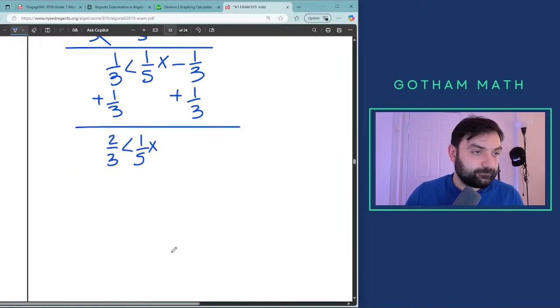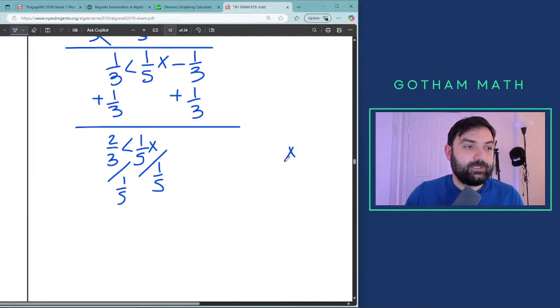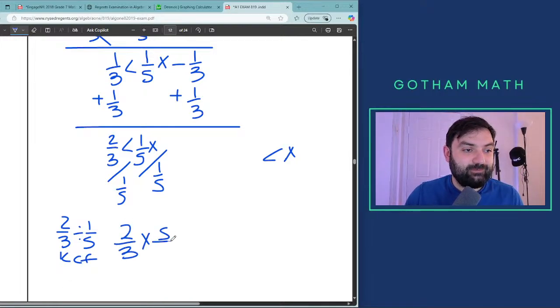And the last thing that we're going to do is divide by 1/5 on both sides. It's going to be x greater than 2/3 divided by 1/5. We're going to do keep change flip, obviously, and it's going to be 2/3 times 5/1, which is 10/3.